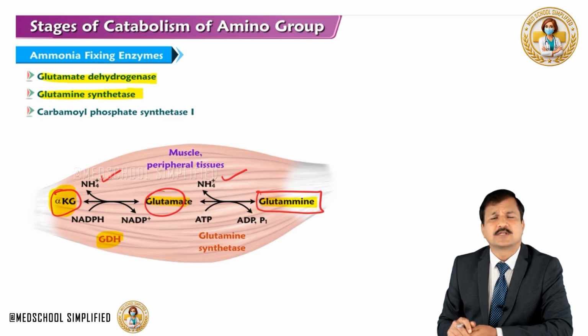So glutamate and glutamine are the predominant types of amino acids in our blood. Remember that point, very important.